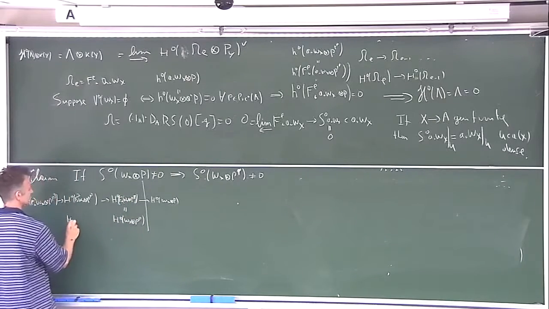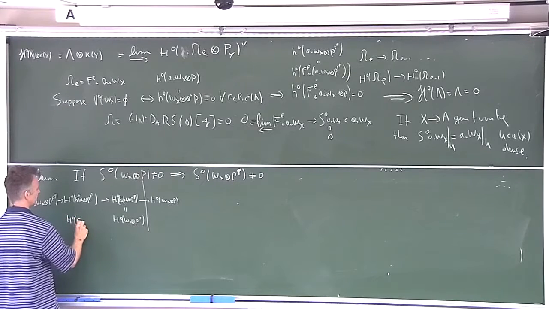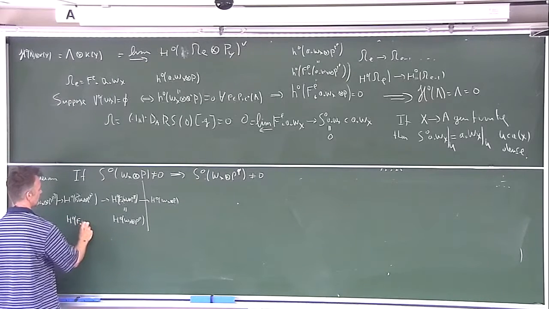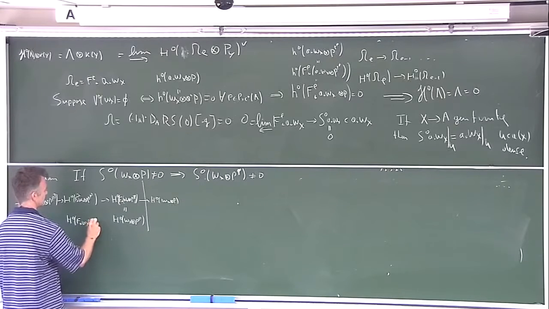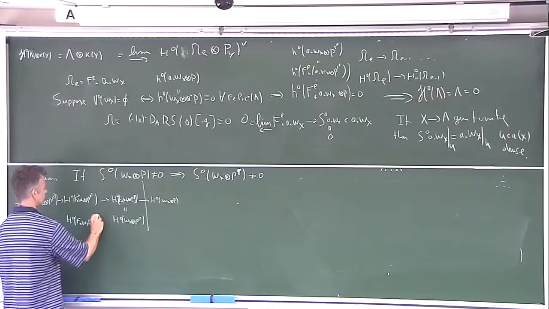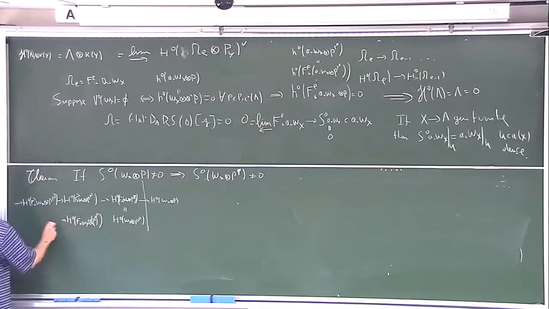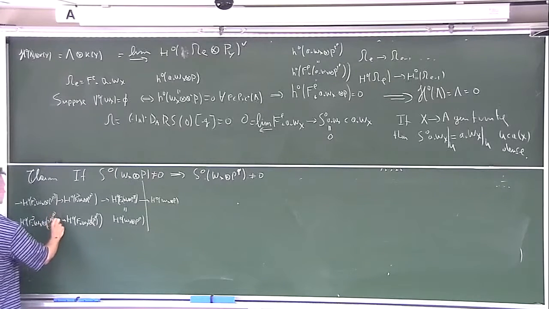Notice that this is isomorphic to H0 of F lower star omega_X tensor P to the P to the P. This one is H0 of F lower star squared omega_X tensor P to the P to the P squared.